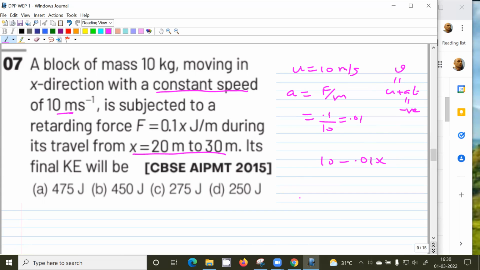Or okay, instead of using that, you have to use this one, v square equal to u square minus 2as, because s is known. U square is 10 square minus 2 into 0.01 into s is 10.